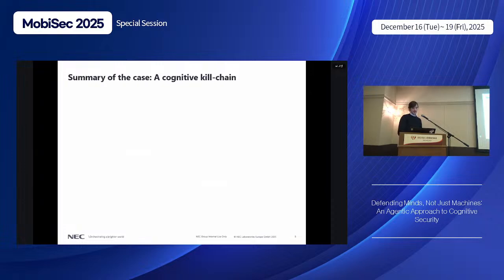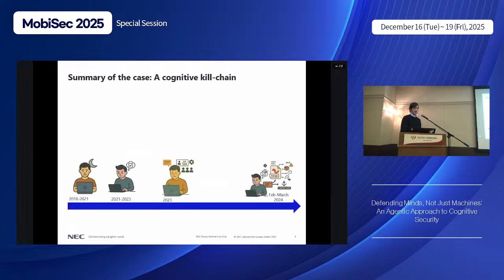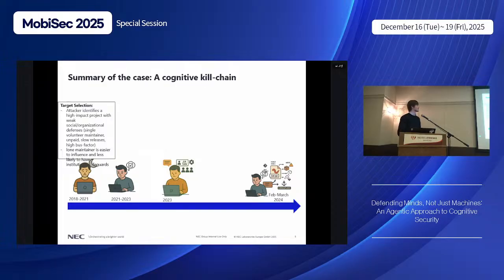So if we analyze the attack kill chain, we see that there was first a selection of a target. Okay, the slides are not updated, but it's fine. The attacker realized that this was a vulnerable project.